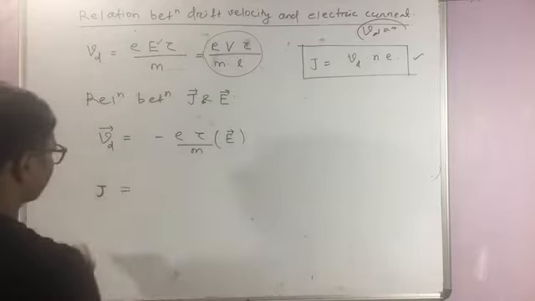So J vector is equal to, instead of Vd, we can write e tau by m into E vector into n into e.